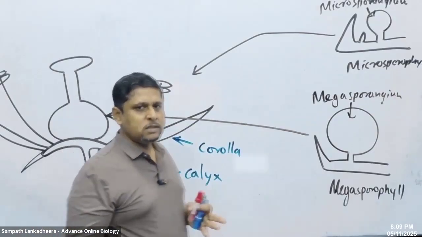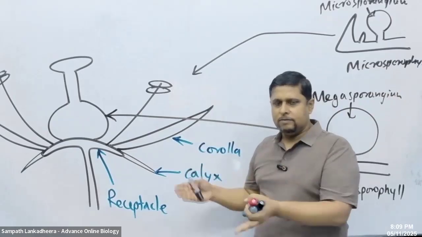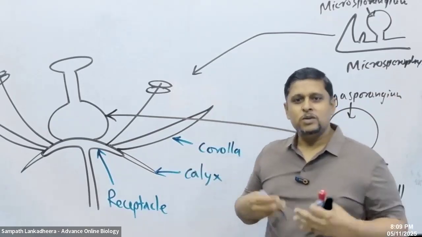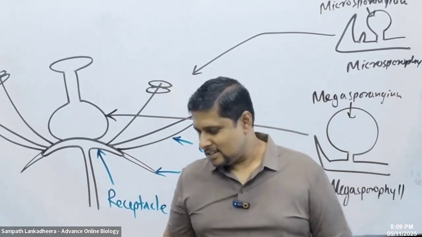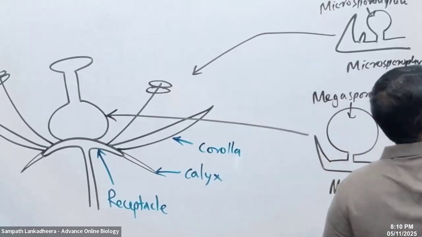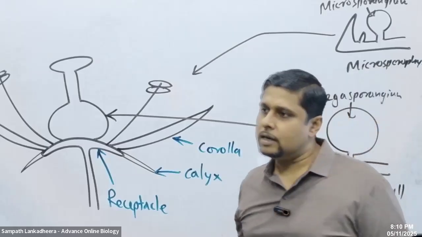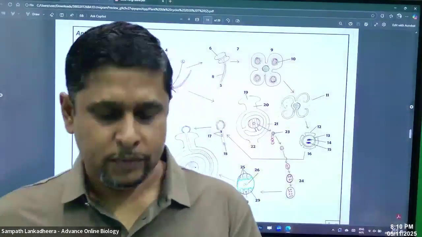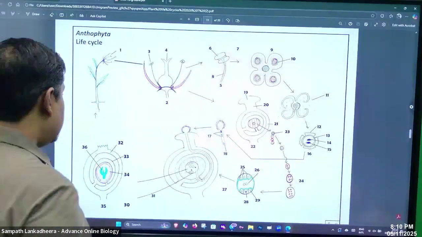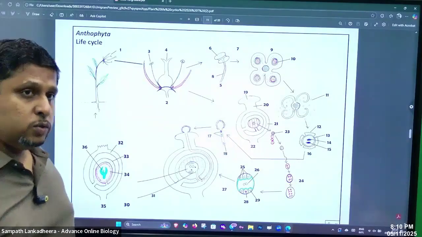So in other words, we learned, people, that modified reproductive leaves form the flower. So the flower is a reproductive structure. We learn the life cycle of the flowering plants, and we labeled this diagram also.